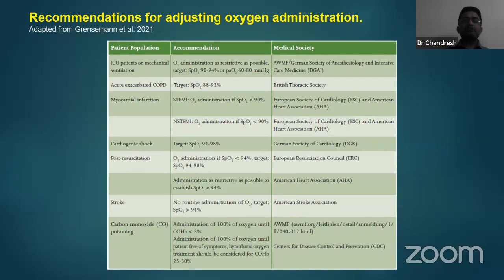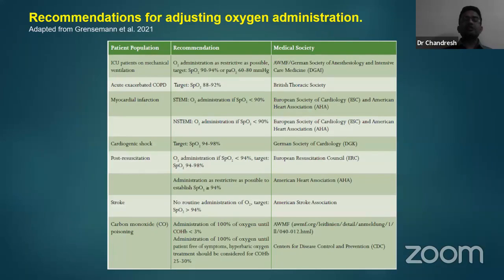If there is an acute exacerbation of COPD, as I told clearly, 88 to 92 should be the limit. In a patient who is having an MI, whether STEMI or non-STEMI, if SpO2 is less than 90%, definitely start the O2 therapy. If the patient is having a cardiogenic shock, their perfusion will be less. The oxygen level should be well maintained between the 94 to 98 range.